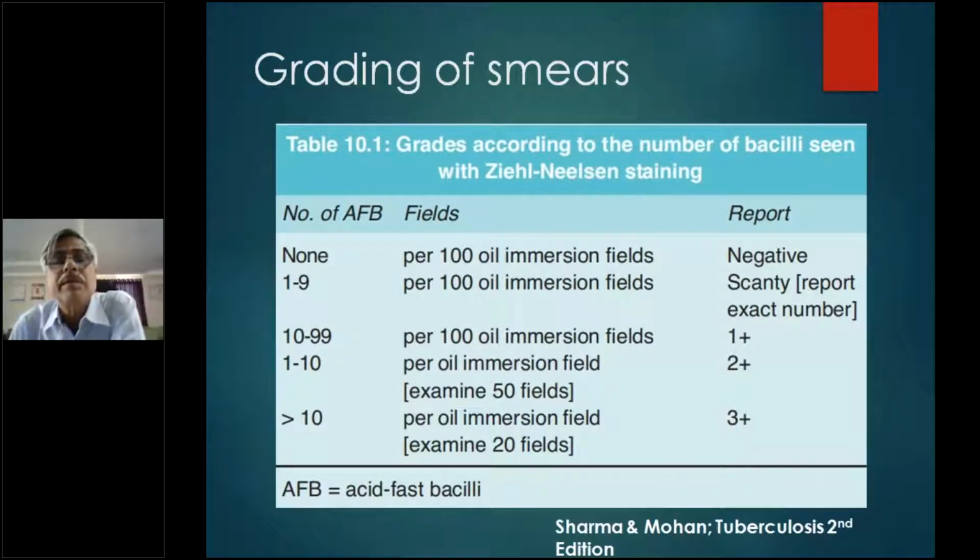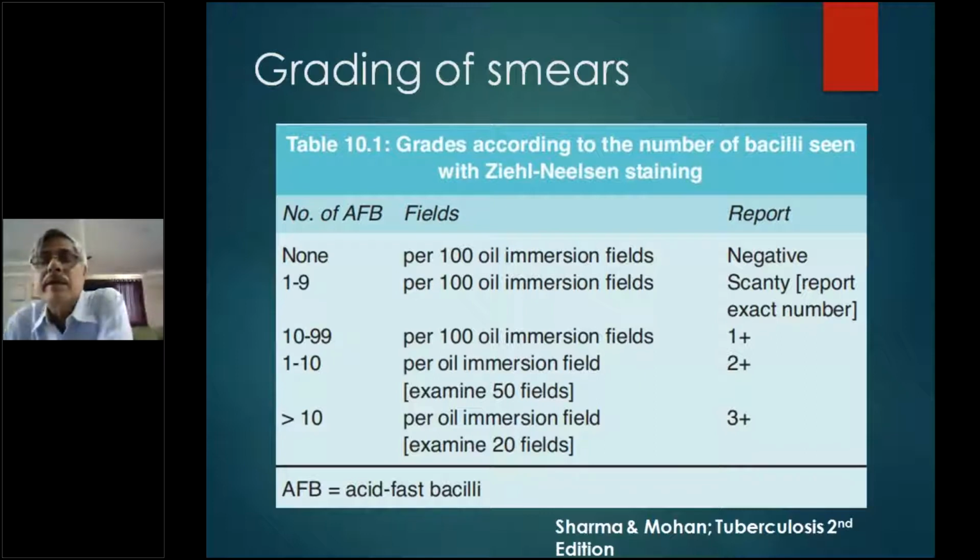Otherwise it won't. If you want to test whether it is positive or not, then you have to go for culture, with the Lowenstein-Jensen medium, that is solid culture.